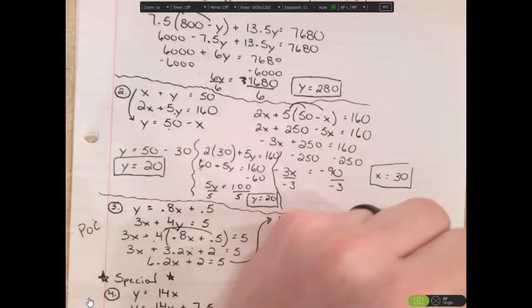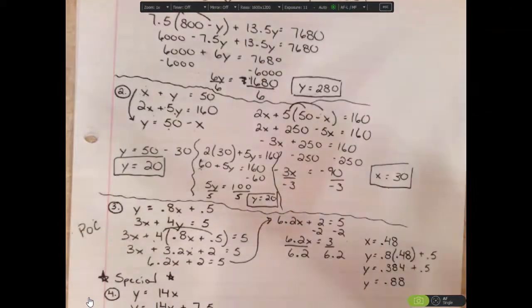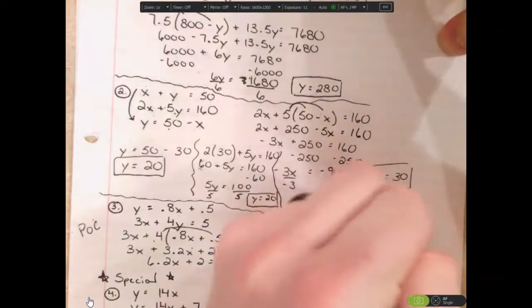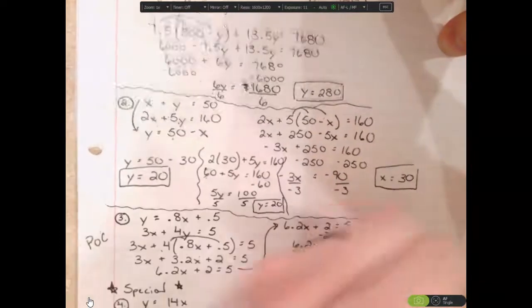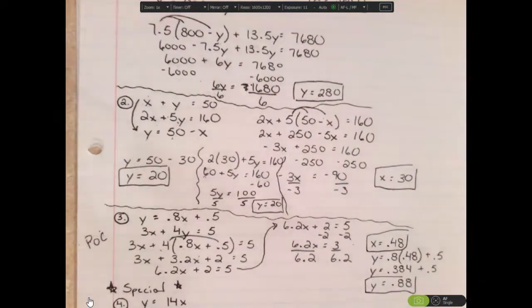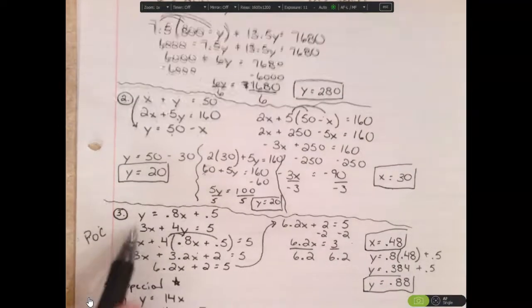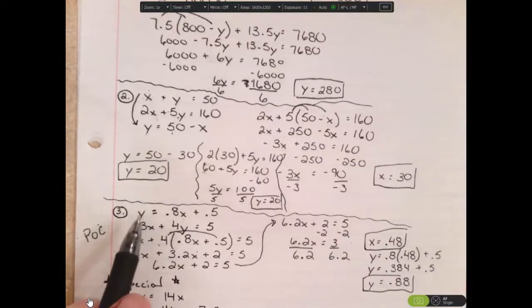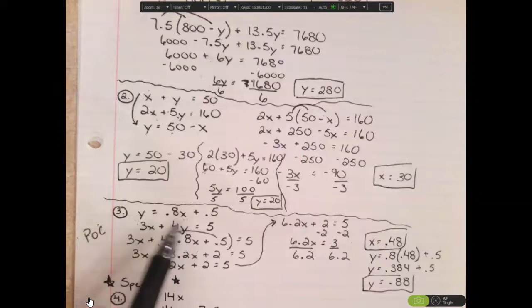So my y is equal to, and again we'll round to the hundredths, 0.88. So I have an x, and I also have a y. A little more of a difficult problem with all the decimals. However, we can still do it. Again, take these gifts. Whenever your problem starts out as a variable is equal to something, use it. It's only there to help.